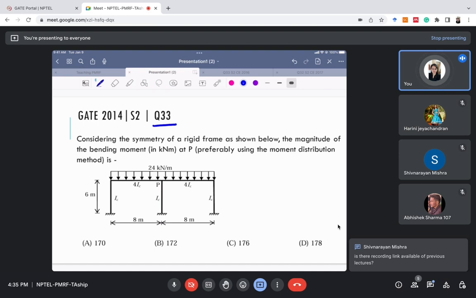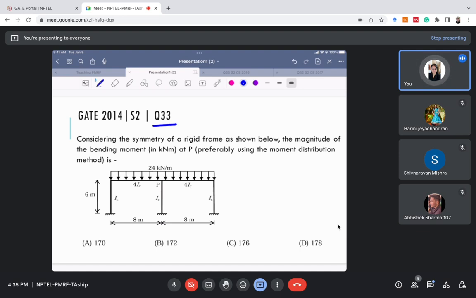For this type of problem, whenever the static indeterminacy is very high, then we use the slope deflection method and the moment distribution method. For determinate problems, we can solve easily using the equilibrium equations by drawing the free body diagram and all.